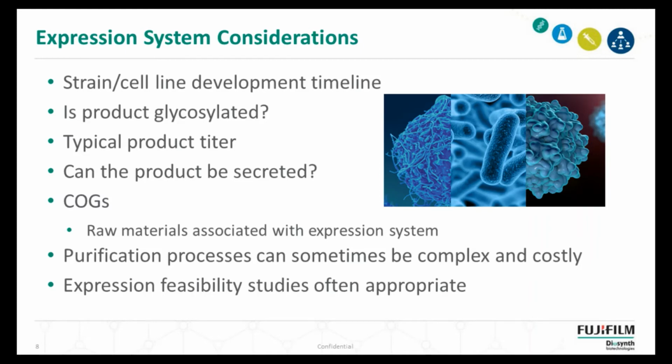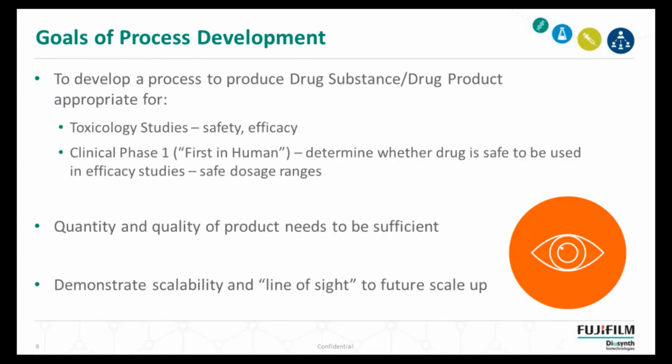The expression system may not be obvious, and in those cases, feasibility studies are often appropriate to make the right choices at an early stage. The important thing to bear in mind is that the expression system can be with you for a very long time, and those decisions are very often made up front, so it's important to make the right choices at an early stage.